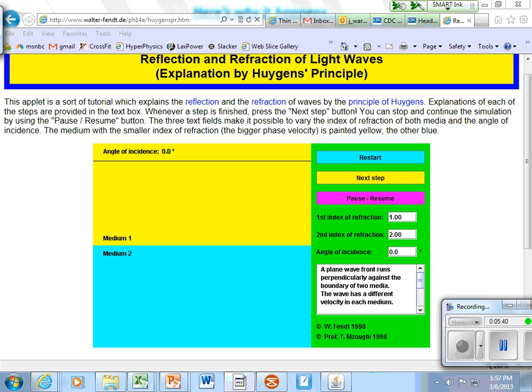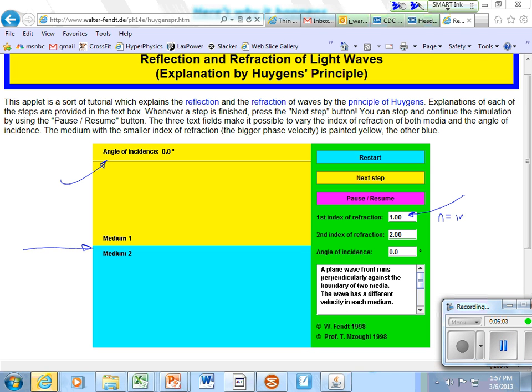Okay, so here's why it happens. This applet is what I was looking for, and it shows here a wavefront. There's a wavefront that's approaching the boundary here between two substances, or two media, medium 1 and medium 2. And we say that the first medium has an index of refraction. That's what n is called.